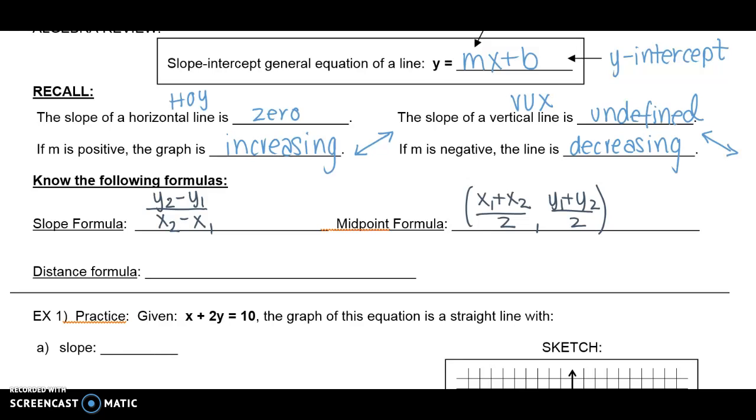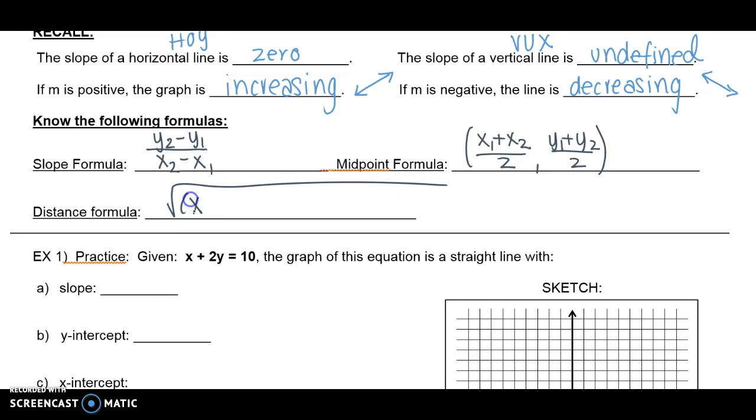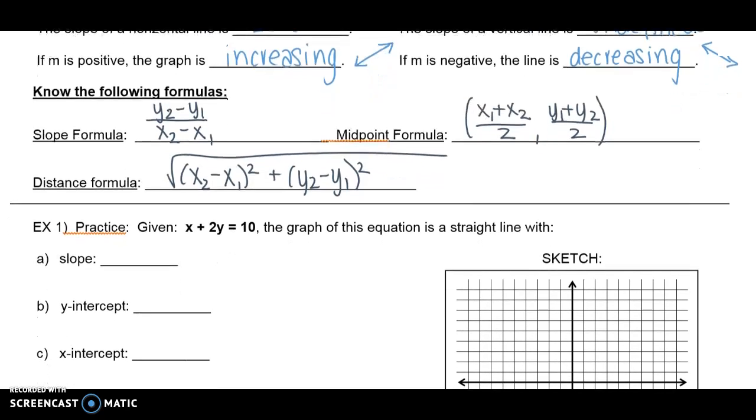Our distance formula is the square root of x2 minus x1 squared plus y2 minus y1 squared. Then you simplify underneath that square root and take the square root of that simplified value.